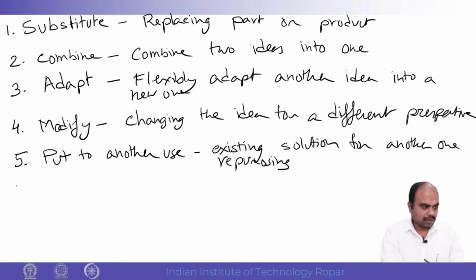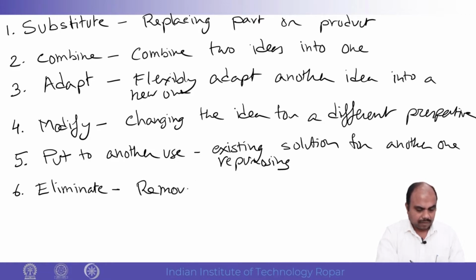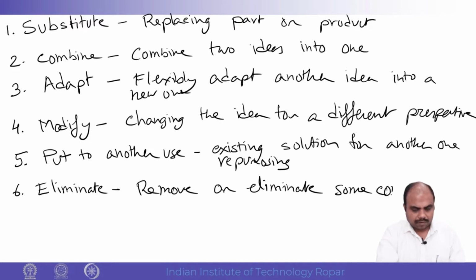The sixth possible thing is eliminate. In this, it is eliminating some portions or parts to make it simple, maybe frugal, maybe much more simplistic. Remove or eliminate some components.